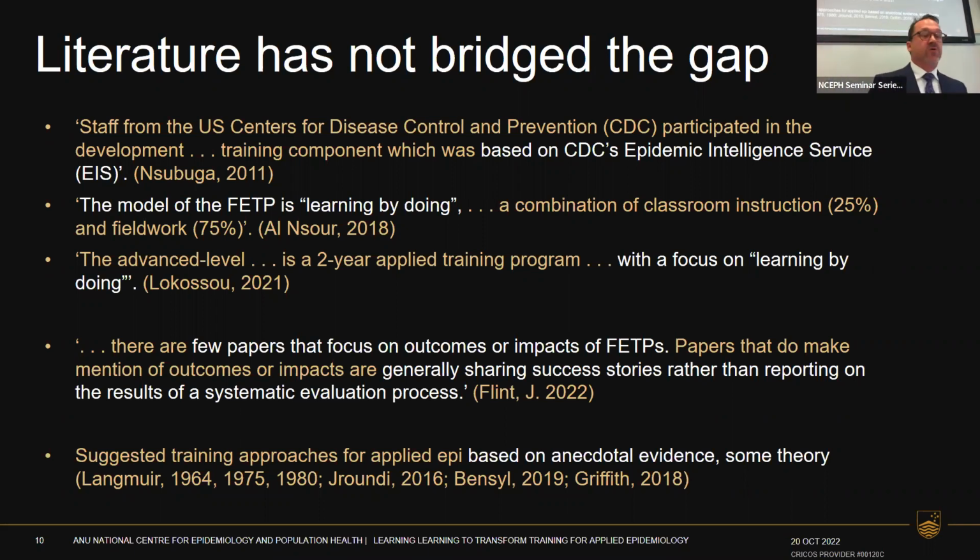Those that do share only success stories, not systematic evaluations. My literature search has found few papers written on training in this field, and those few papers report trainers' anecdotal experiences, including my own.